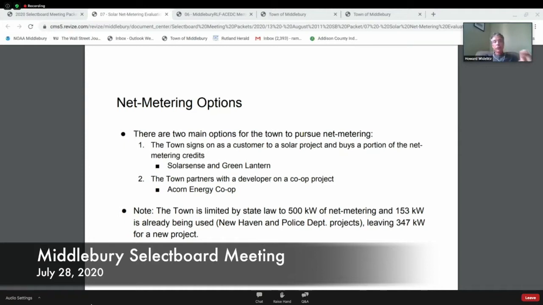Then the second model is the Acorn Energy Co-op, and that's where they work as the middle team, with an array that gets built, and then having people buy into that. And we'll have more on that when we get into some more detail coming up.